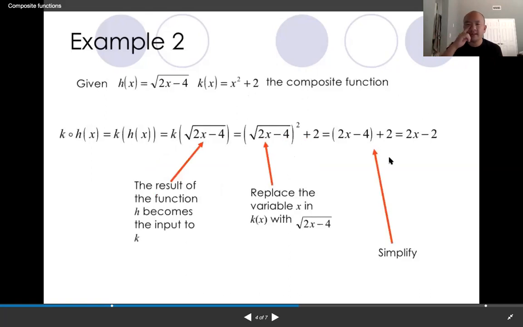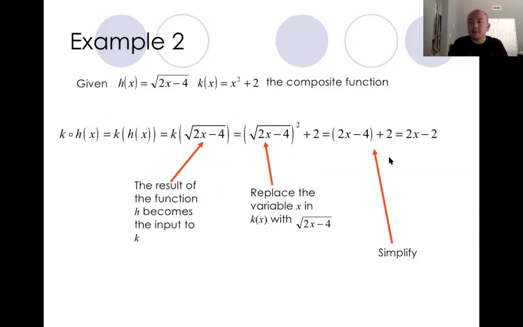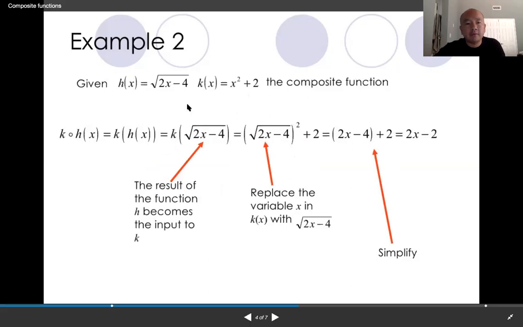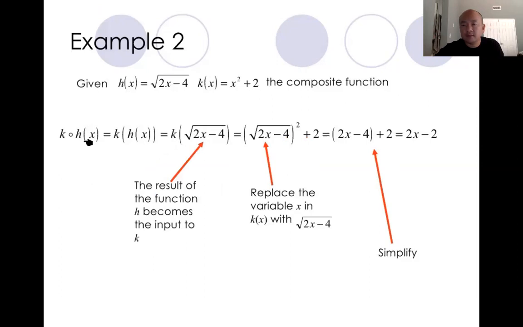These examples are a little difficult because they're using squares and square roots, but just hang in there with me. Here is the h function, the square root of 2x minus 4, and the k function, x squared plus 2, and they're looking for k of h of x.